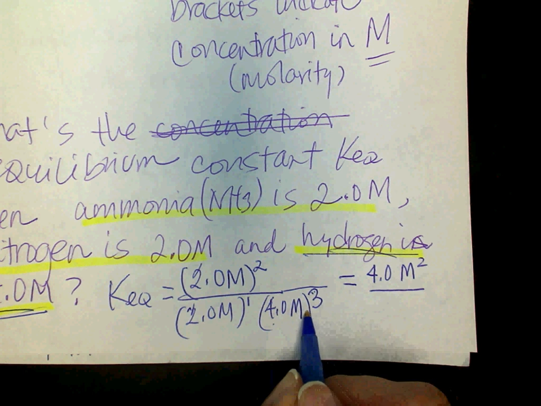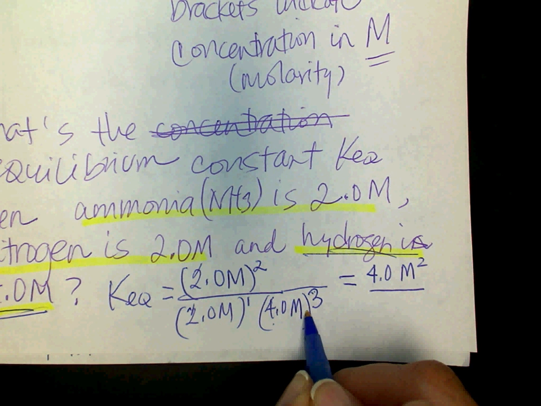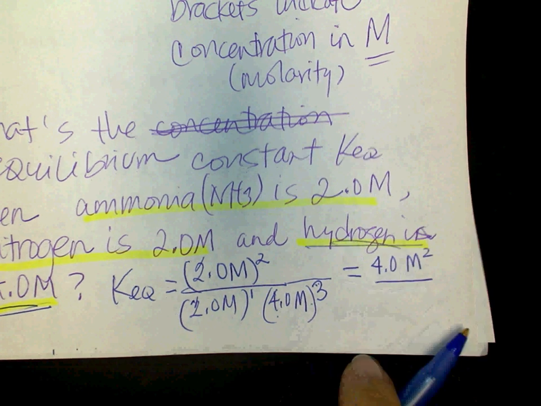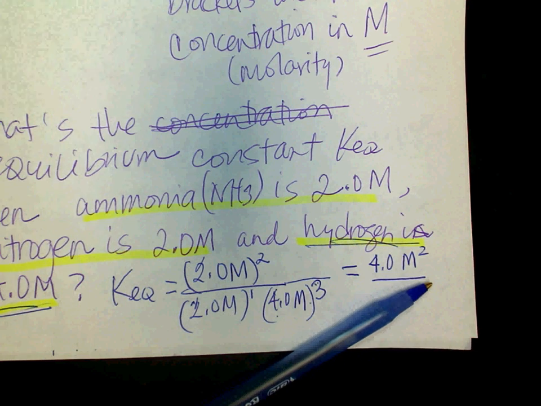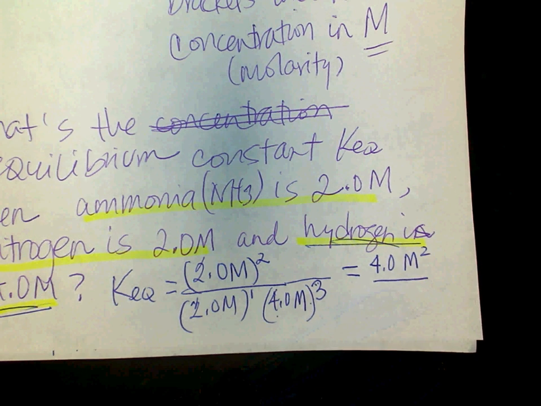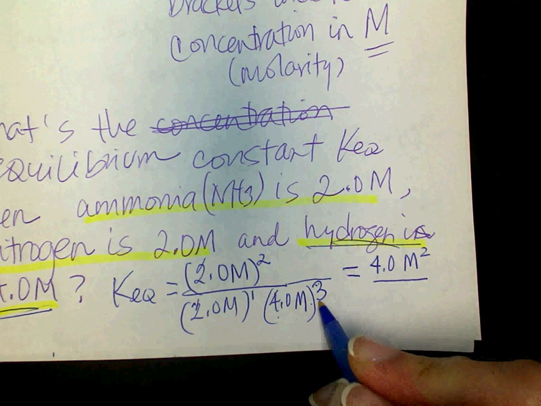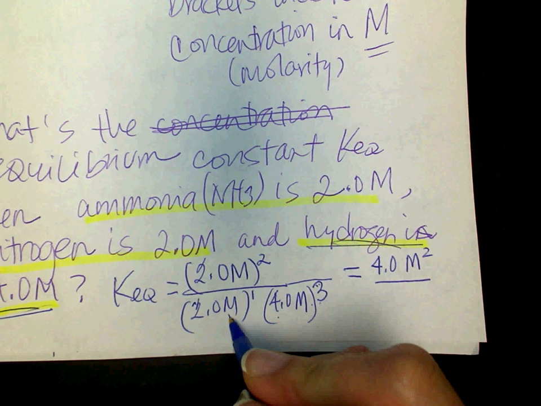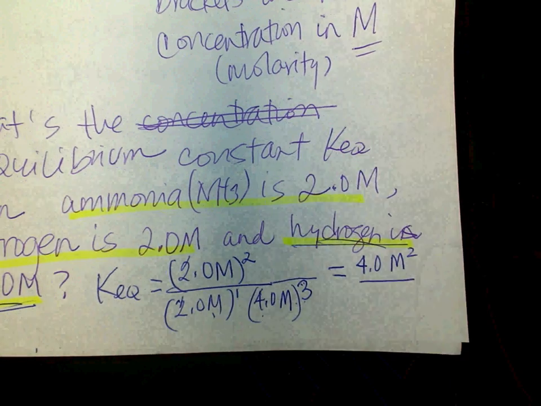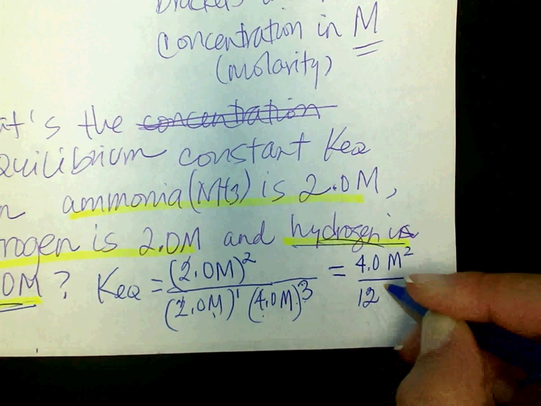What's 4 times 4? 16. What's 16 times 4? 64. 4 cubed is 64. What's 64 times 2? Lamar, is it 128? All right.